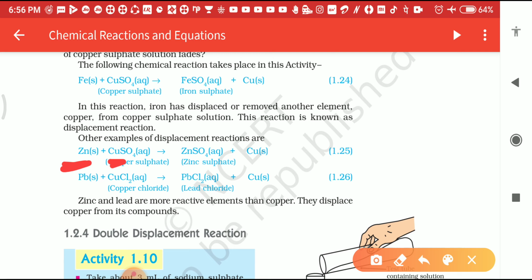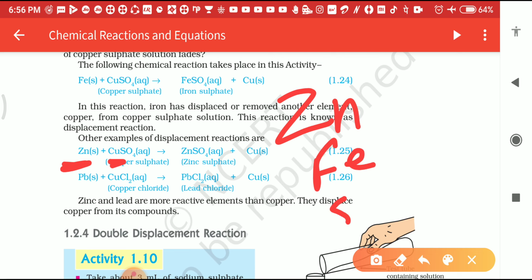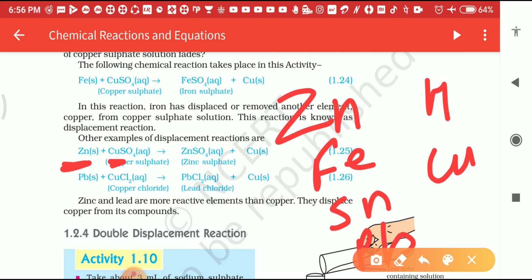Again you will see the position of zinc, Fe, Sn, Pb, H, then copper here. Now you will see zinc is on top and copper is below. It means zinc is just above the copper in the reactivity series of metals.